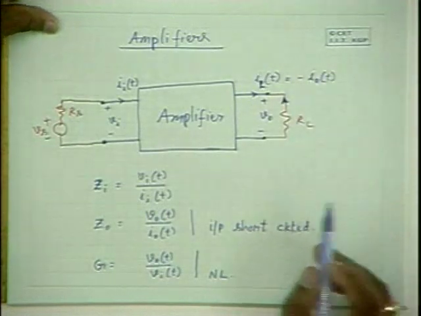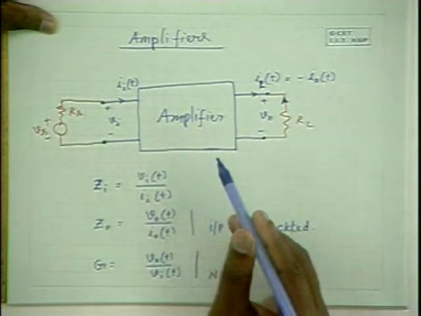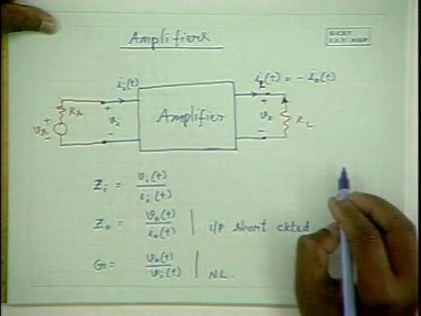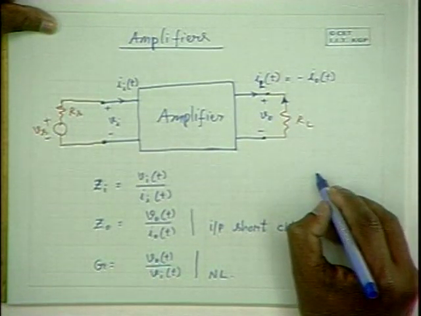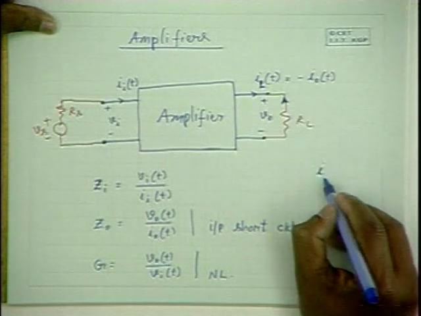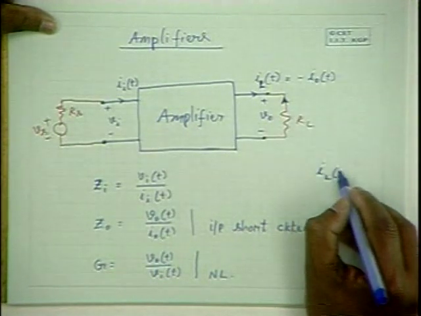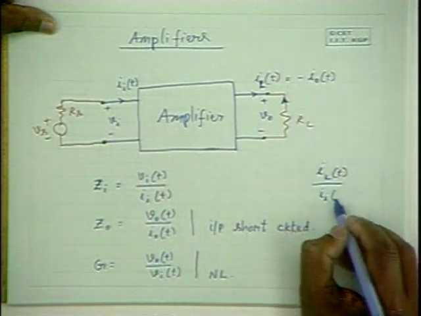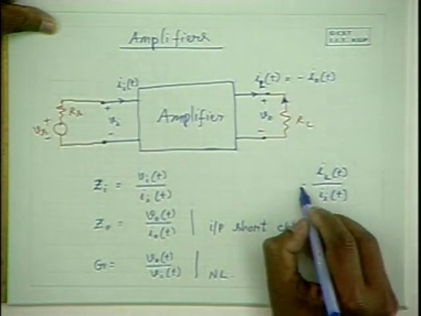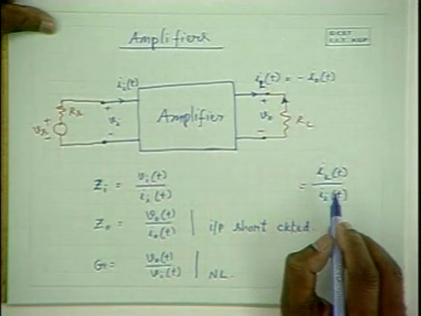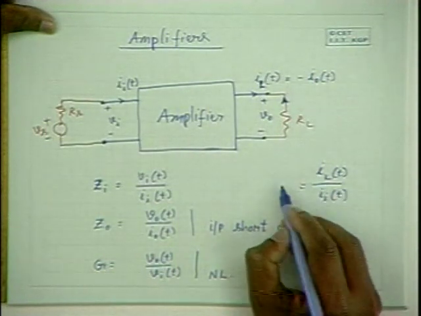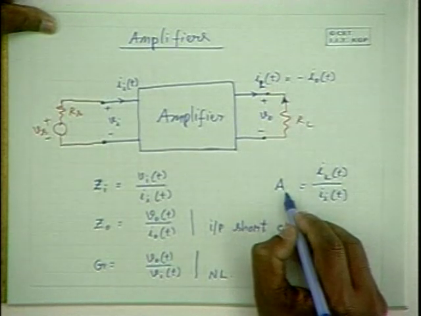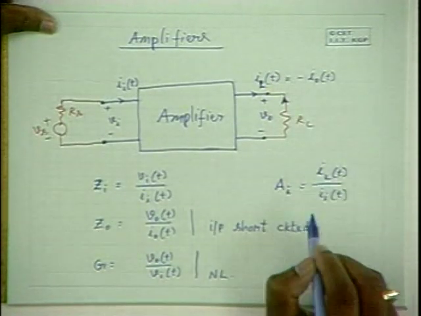Now, an amplifier also has some current gain. The output current is treated as ILT, the load current. ILT divided by the input current IIT is the current gain of the amplifier, and it is usually denoted by AI, the current gain of the amplifier.